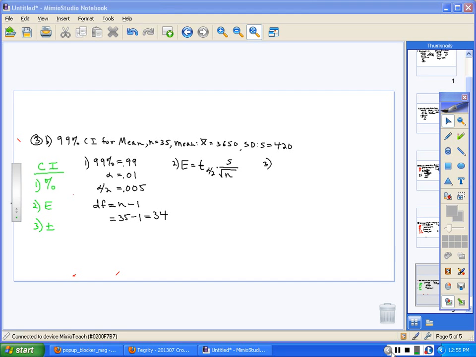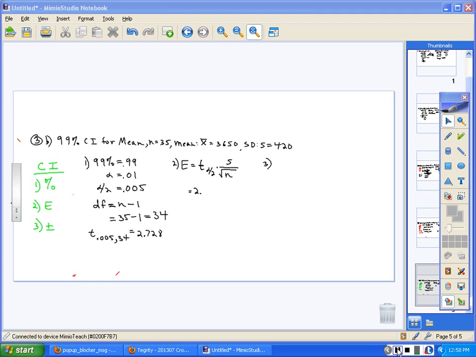So now we're going to go to the T table. Okay, so yes, t sub 0.005, comma 34. And so we go to the T table again, 0.005 column and 34 row, and we see that the critical value is 2.728.